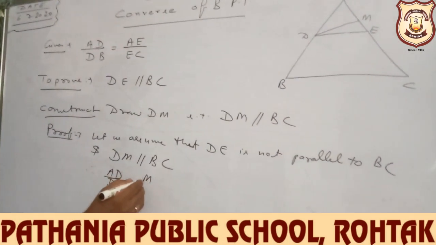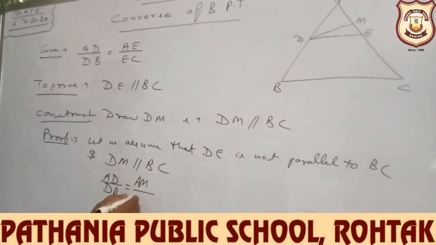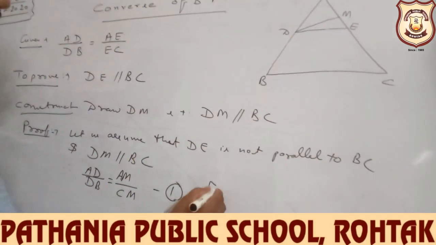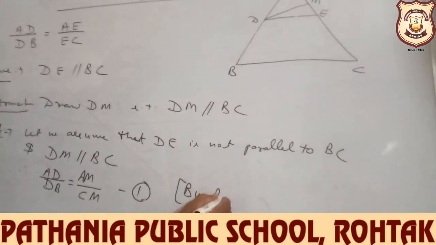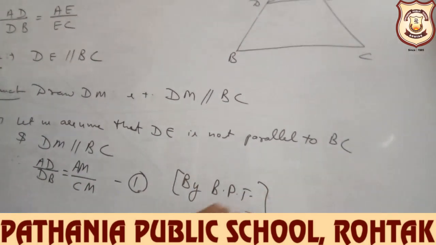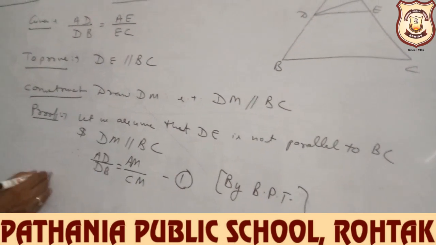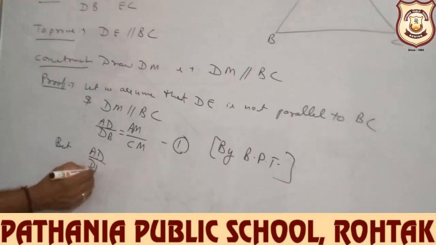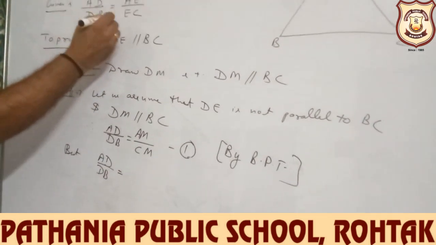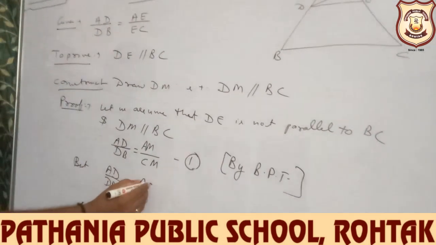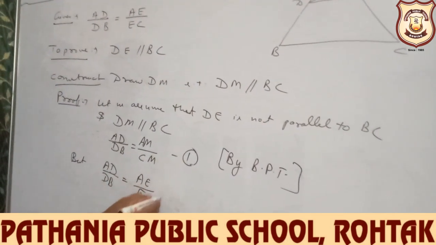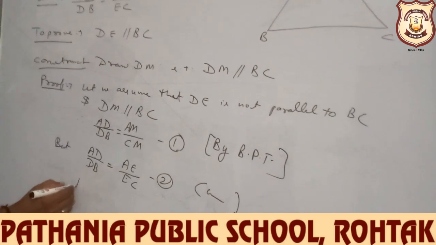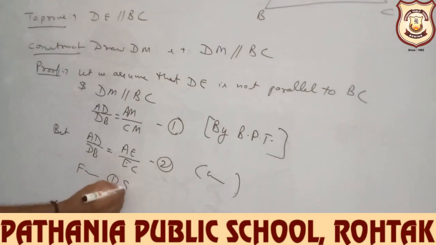Therefore, AD upon DB equal to AM upon CM. Mention this as 1. Give reason by BPT. But AD upon DB is equal to AE upon EC. Why? This is given.